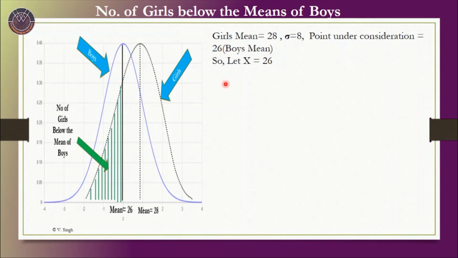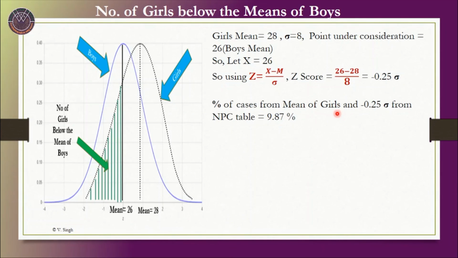So if we take this particular 26 as x score, we can have the z value from the z score formula as minus 0.25 sigma. And when we see it from the NPC area curve, we can see that percentage of cases from mean of girls and minus 0.25 sigma, that is this particular value and this particular value, is 9.87%. So we have to consider this particular section, not this particular section.